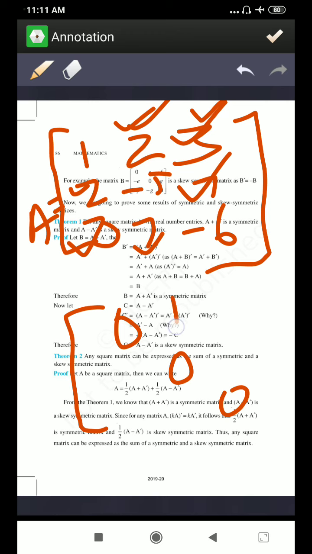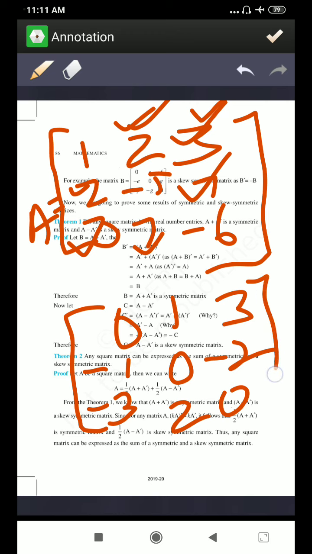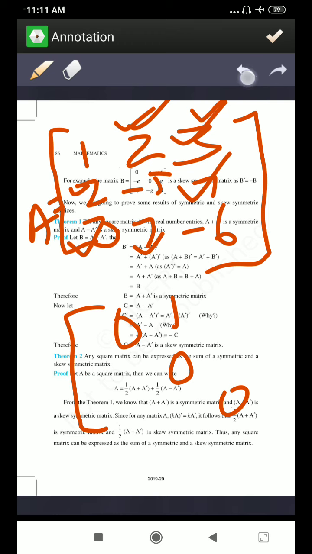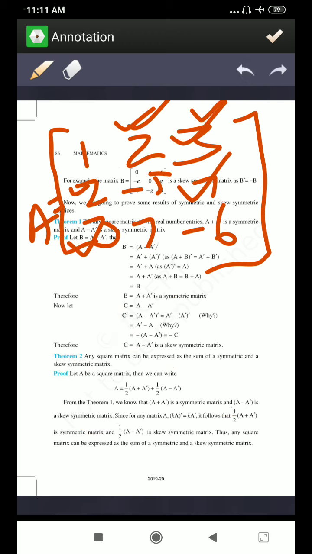Suppose this element is 1, so this is -1 now. This is 3, this is -3 now. This is 2, this is -2. Because in a skew symmetric matrix, your diagonal elements are 0 and non-diagonal elements Aij is equal to -Aji. So in this way, we can write the symmetric and skew symmetric matrix. I hope you understand this.